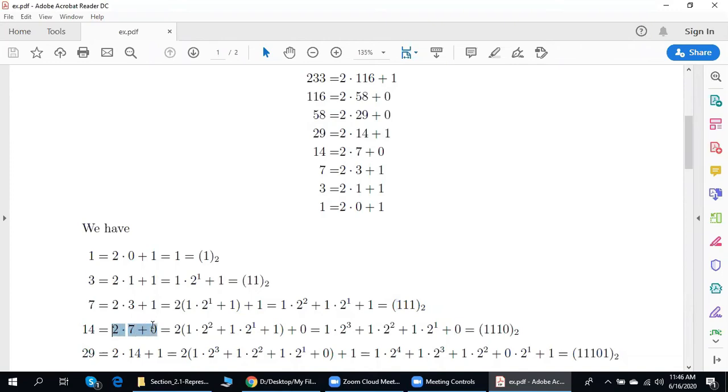Next, 14, according to what is written here, is 2 times 7 plus 0. But 7, which is over here, is equal to this. So let us replace 7 by this. Done. Let us expand parentheses.